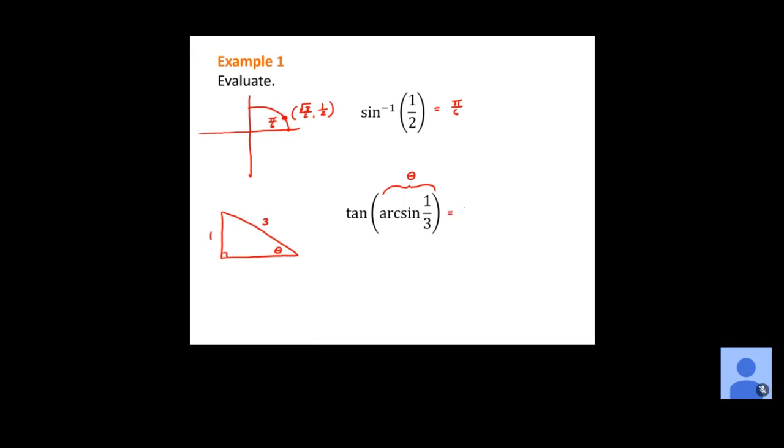Because again, all I'm trying to do now is find what's the tangent of theta, where theta is arc sine of 1/3. What would I need to know about my triangle to find tangent? We need opposite over adjacent, right? So I'm missing the adjacent side now. How could I find it?